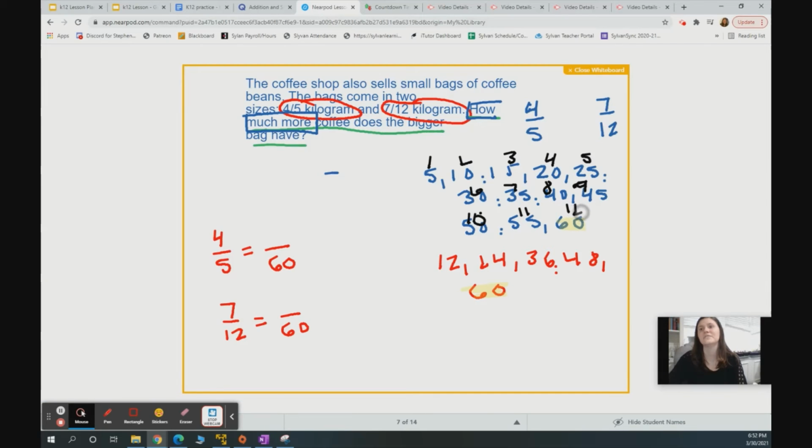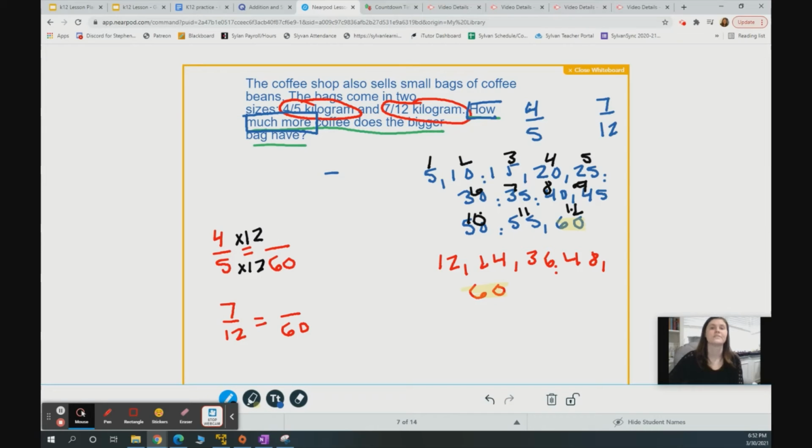So I had to do 5 times 12 to get 60. If I did times 12 on the bottom, I have to do times 12 on the top. 12 times 4 is 48. So the equivalent fraction here is 48.